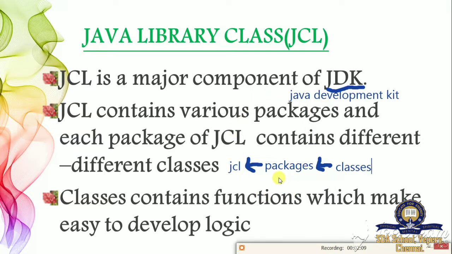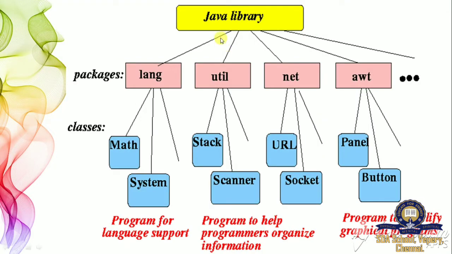Now let's see the types of JCLs and which type of JCL we can use. Already we know that inside the Java library classes the packages are there. Inside the packages the classes are there. So multiple packages are there in Java library classes. Likewise, multiple classes are there in packages. There are many packages in Java library classes, but now you are going to learn about a few important packages in Java library classes.